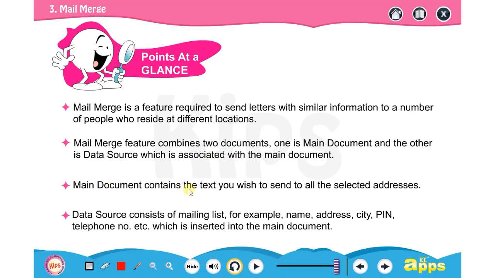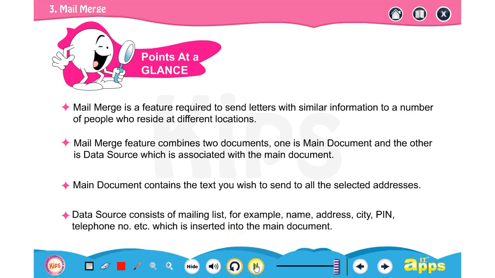Third, main document contains the text you wish to send to all the selected addresses. Data source consists of mailing list, for example name, address, city, PIN, telephone number, etc., which is inserted into the main document.